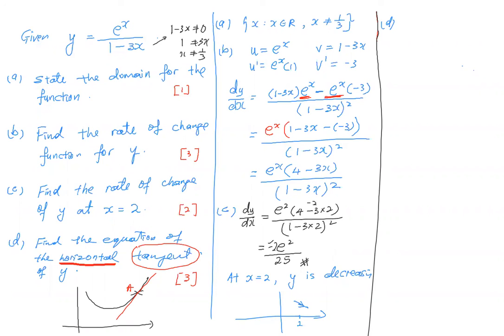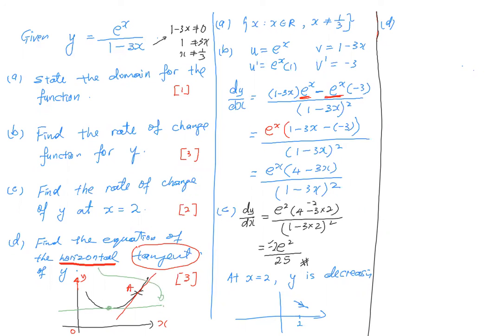So now what is the meaning of horizontal? It's parallel. Parallel to what? Parallel to the x-axis. So that means the tangent that is parallel to the x-axis. So this is called horizontal tangent, correct? Yeah. Parallel to the x-axis.